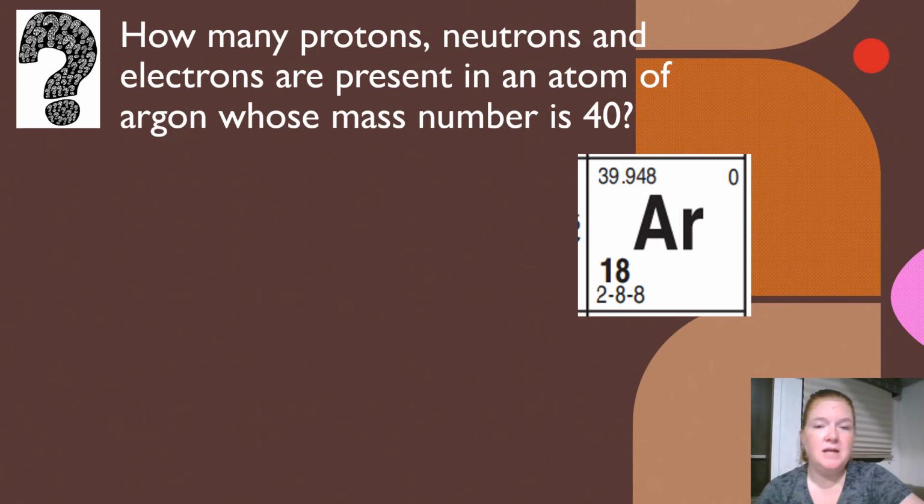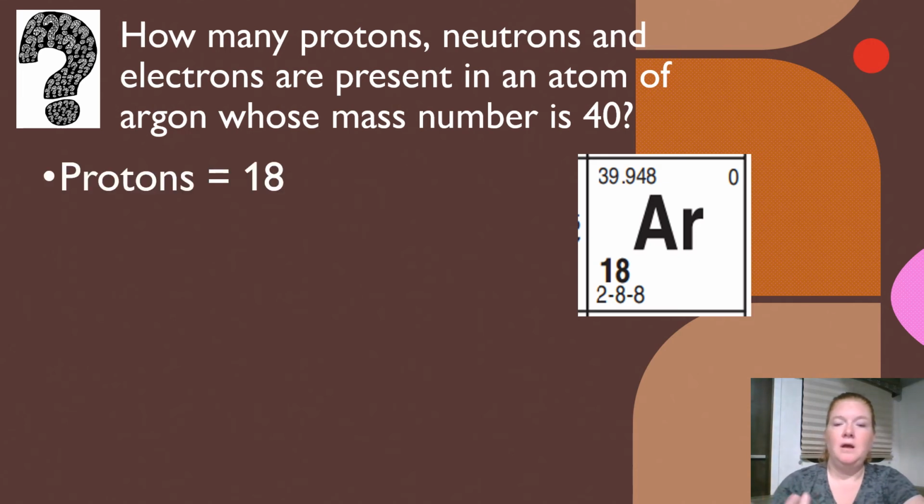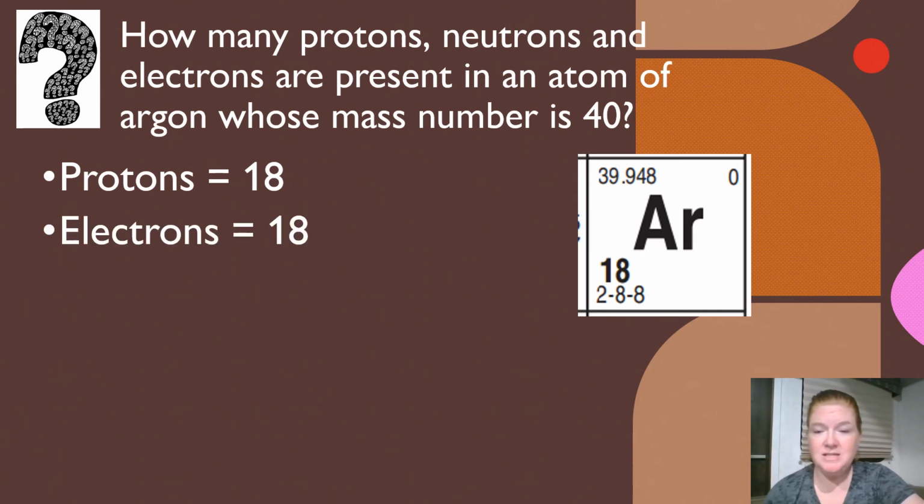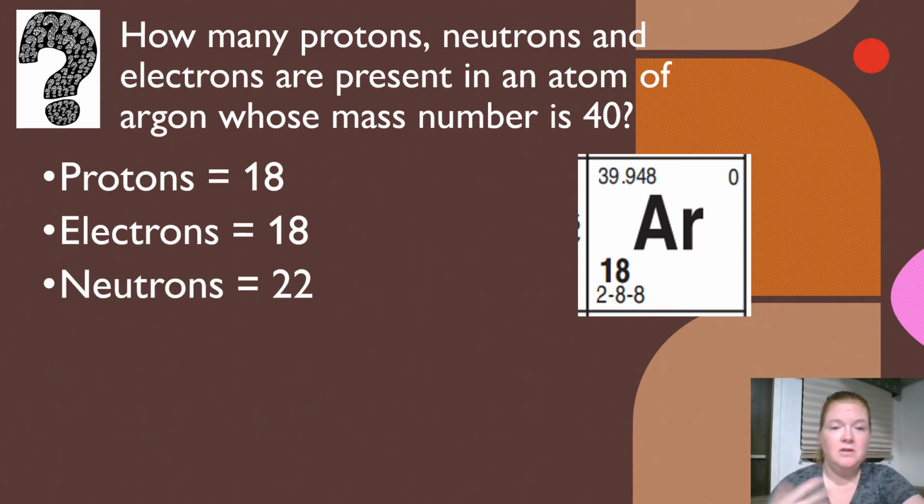How many protons, neutrons, and electrons are present in an atom of argon, whose mass number is 40? Protons is 18. Remember, it's the atomic number. Electrons is 18. They balance, right? Positive protons, negative electrons. The neutrons is 22. Why? 40 minus 18, 22.